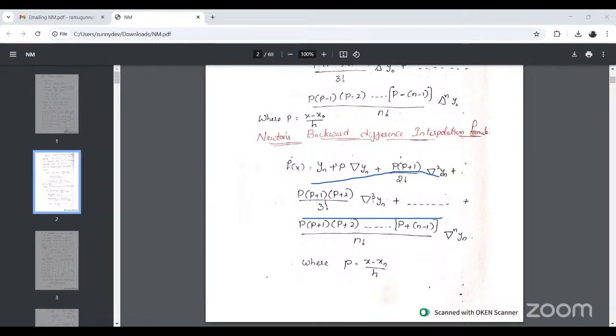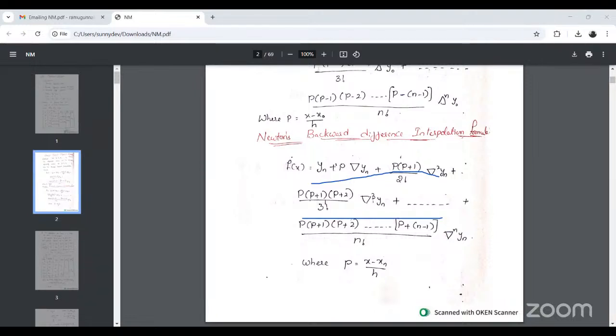In the examination, they will ask for the formulas. If you write the formula also, you will get some marks. Suppose the question carries 10 marks, if you write the formula also, you will get 3 to 4 marks. So the formula is very important from the examination point of view.